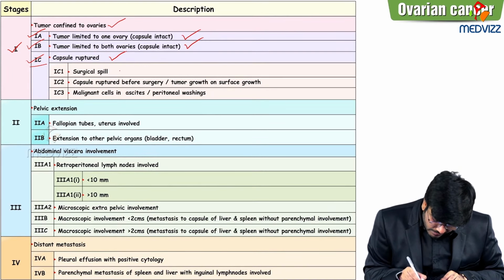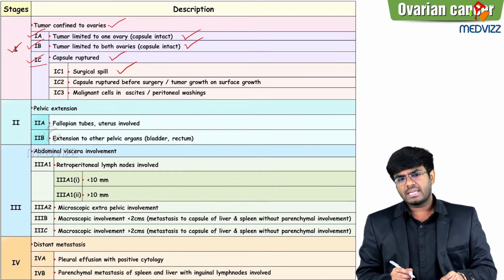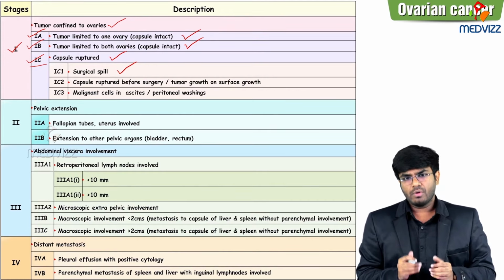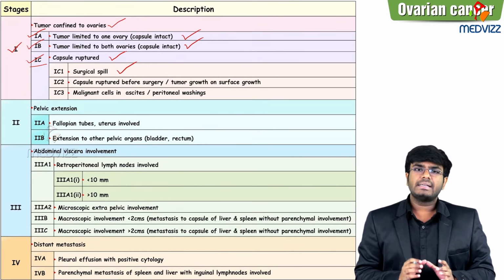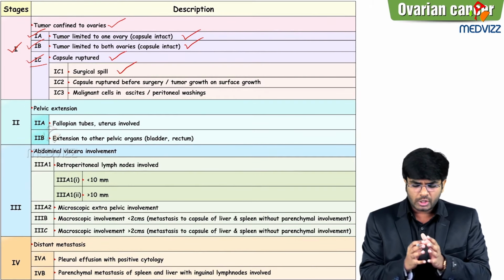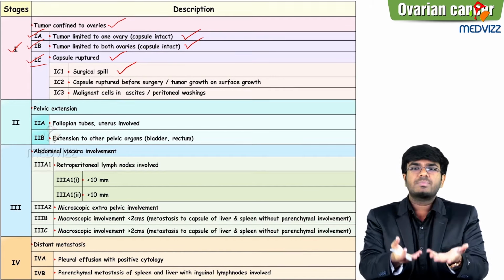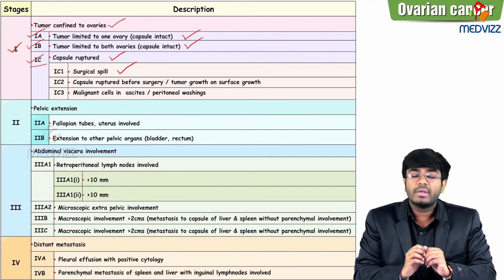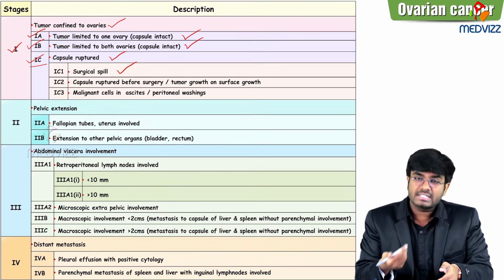If it is 1C1, it is surgical spill. What do I mean by that? You are performing the surgery and accidentally the capsule is ruptured, and all the contents of this tumor, all the contents of its cyst, just spill into the pelvic cavity or abdominal cavity. Now this is surgical spill.